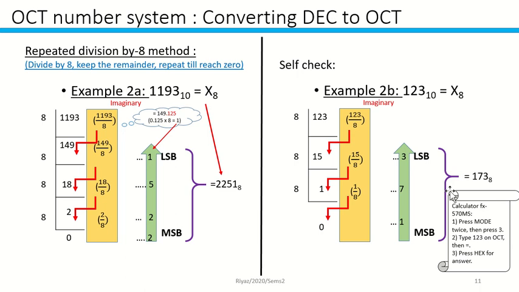To check this, you can always use your calculator. For example, if you have a Casio FX 570MS, press your mode twice until you reach, you press number 3 to select the base, and then press octal and type 1, 2, 3, press the equal button, and then press decimal for the answer.